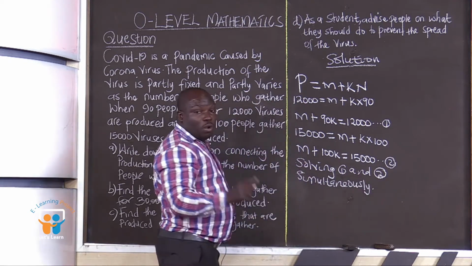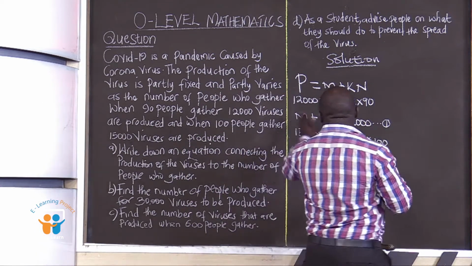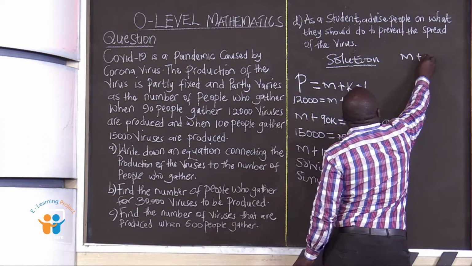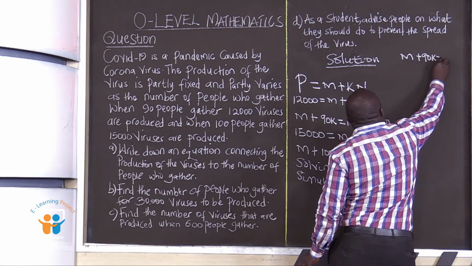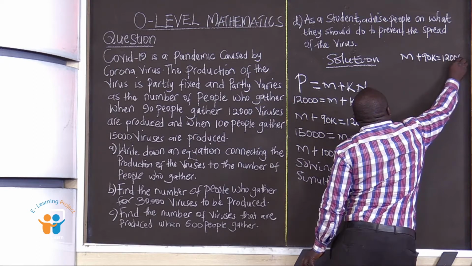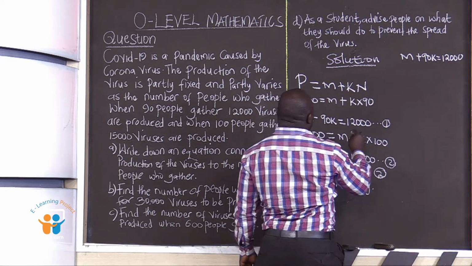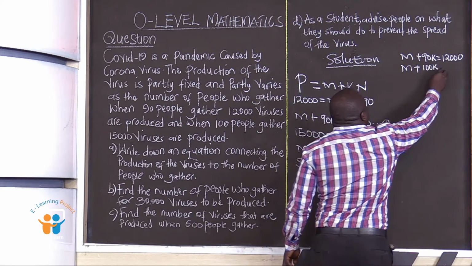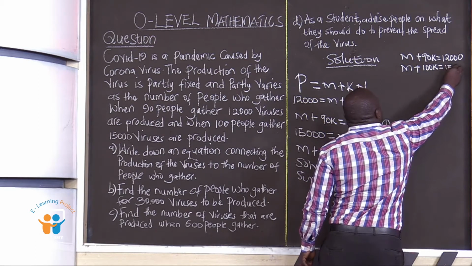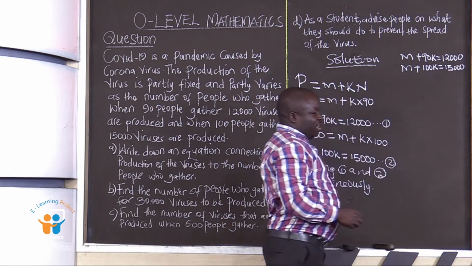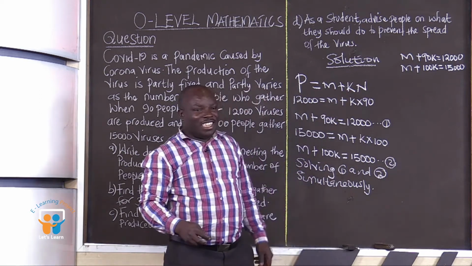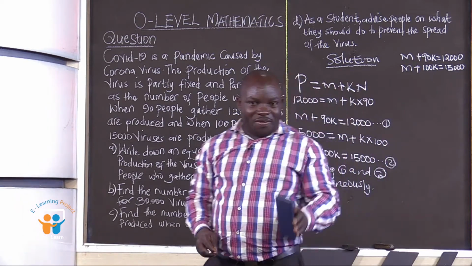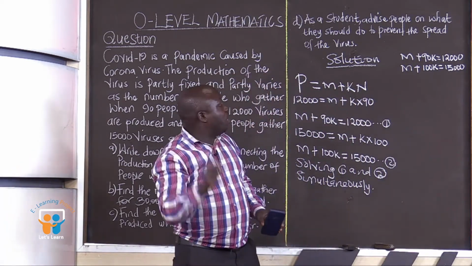The equations are m plus 90k equals 12,000. And then m plus 100k equals 15,000. We are going to solve them using elimination method.